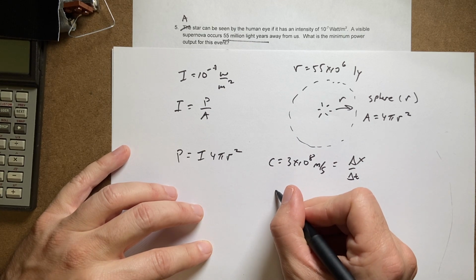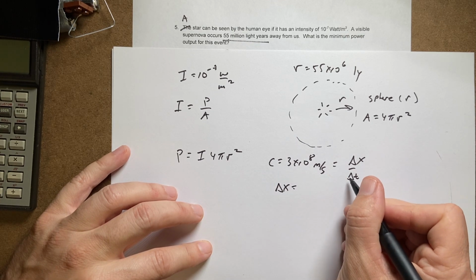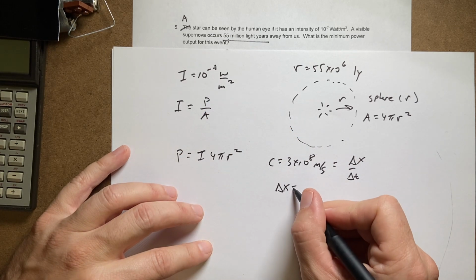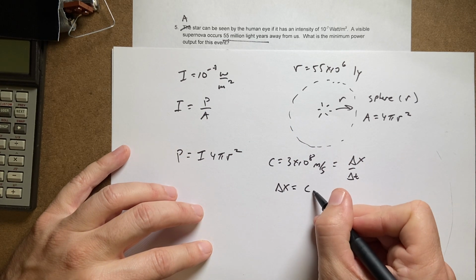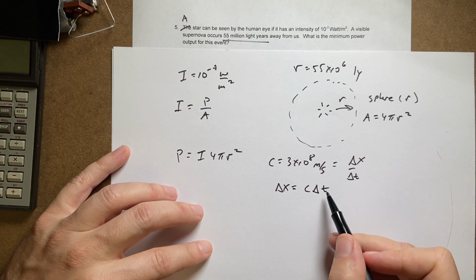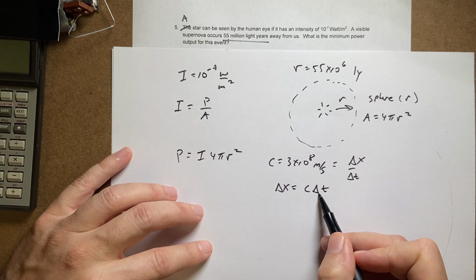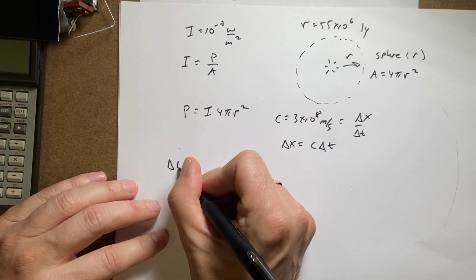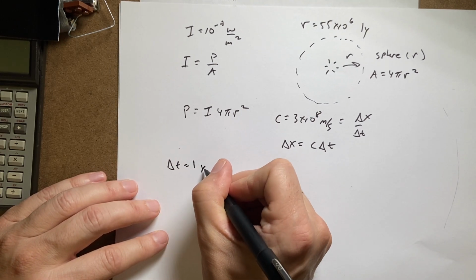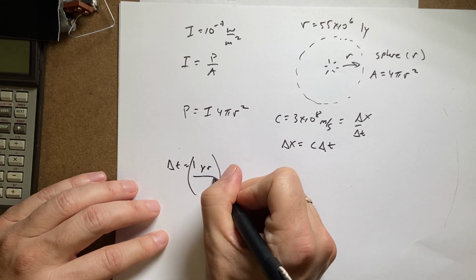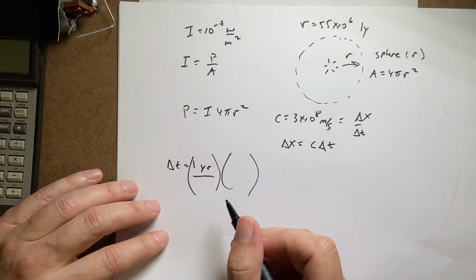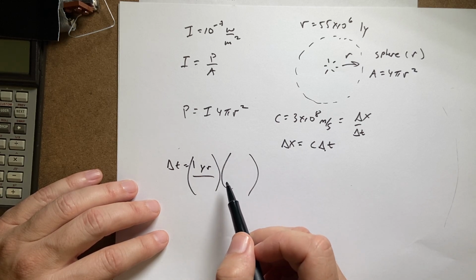So delta x is c times delta t. But I need to get delta t in seconds. So delta t is equal to 1 year. The key to converting units is to multiply by a value that's equal to 1, so I don't change anything.